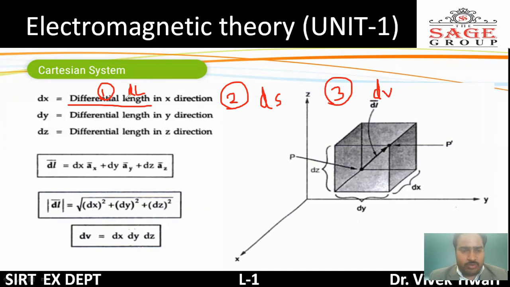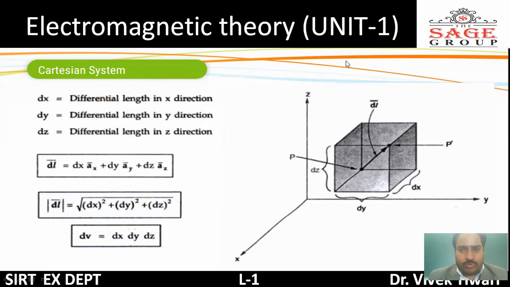Mathematically, if we calculate dl, we can easily calculate ds and dV. So let us learn how we calculate dl. To calculate dl, we simply move along the axes. Here is the x axis, so the first variable is x.